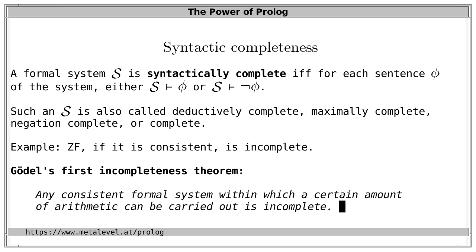And Gödel's first incompleteness theorem states that any consistent formal system within which a certain amount of arithmetic can be carried out is incomplete. So, under quite general conditions, a theory is necessarily incomplete.